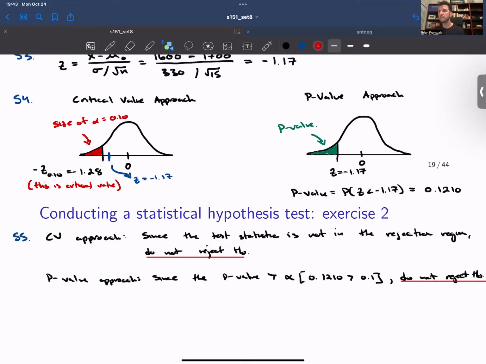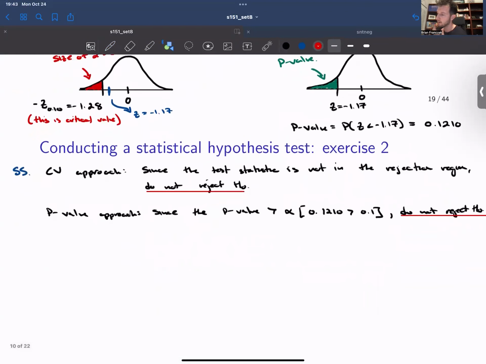As I said before, this is the same conclusion, which is to be expected. The critical value approach and the p-value approach will always agree, so you don't have to do both. It's just two different ways to accomplish the goal, which is to make a decision about H0.